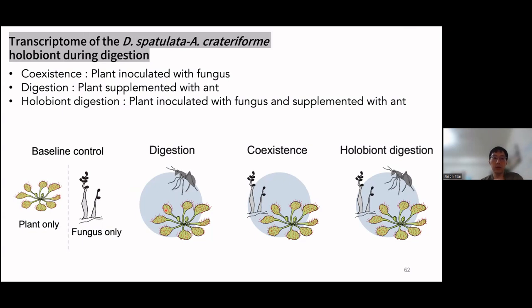This scenario reveals how the plant or fungus transcriptionally responds to digestion alone. And finally, we have the holobiont digestion, where Drosera is inoculated with Aquodontium and supplemented with ant prey. This comprehensive setup hopefully enables us to understand how the combined presence of prey and fungus influences gene expression in both partners.